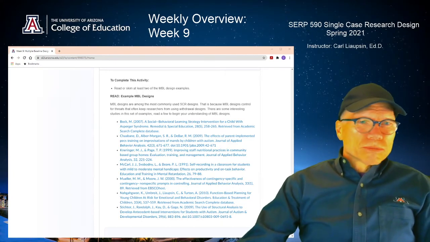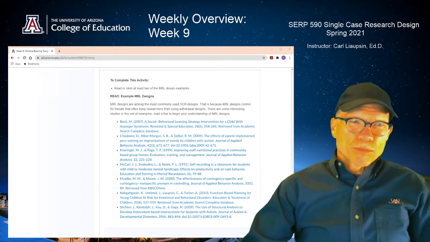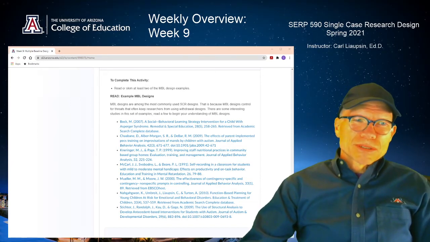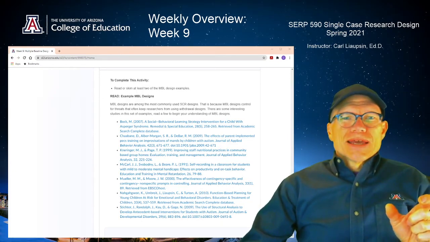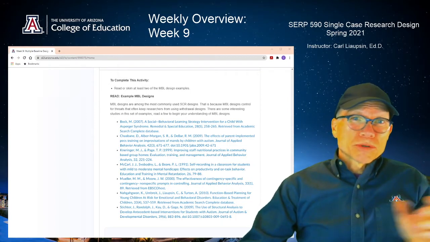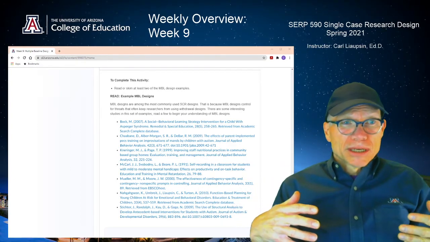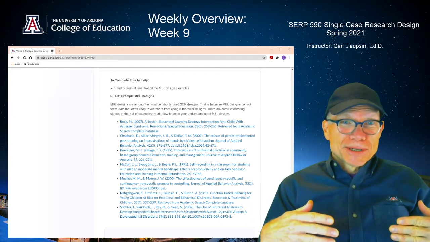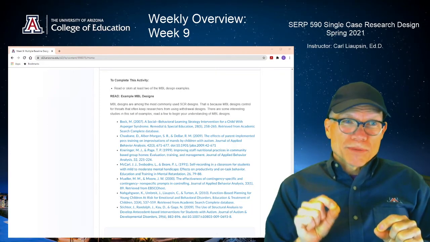This Nerringer article, one of my favorites, is about improving staff nutritional practices in community-based group homes. Basically this person was a trainer for group home staff, and they recognized that it was the group home staff that's responsible for making the nutritional choices for the clients, because the staff are the ones that stock the fridge, and they wanted the staff to make better nutritional choices. And they wanted to demonstrate that the training they provided to the staff was what made it effective.